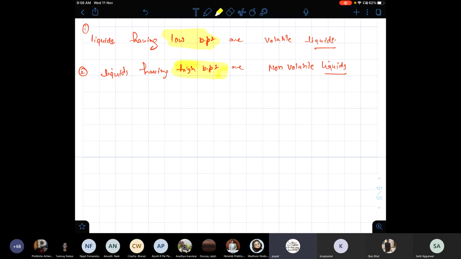All of you have written till here. Liquids having low boiling point are volatile liquids. Liquids having high boiling point are non-volatile liquids. So now we can relate with vapor pressure.